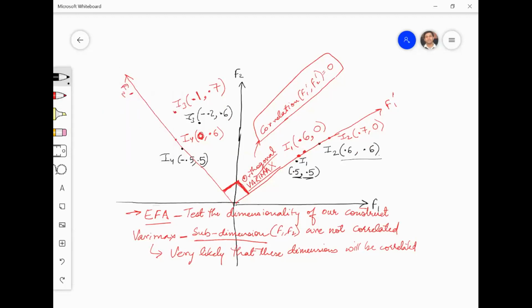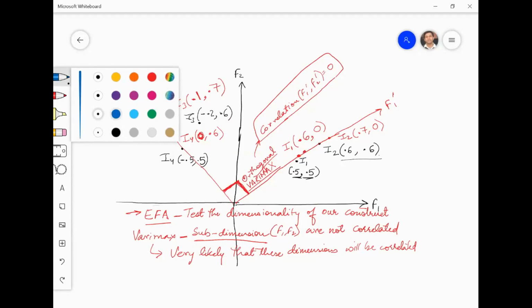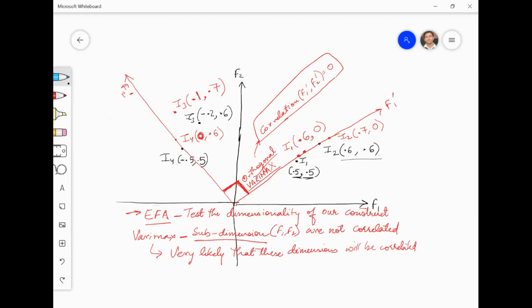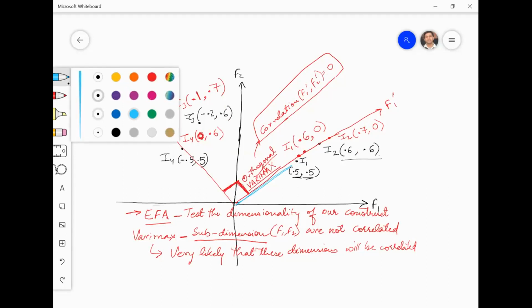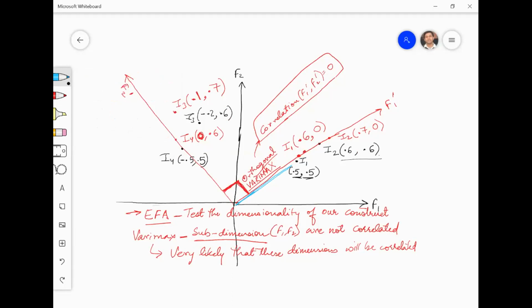And so what we should be doing, and this is what is recommended in analysis, is that we should allow these axes to co-vary with each other.